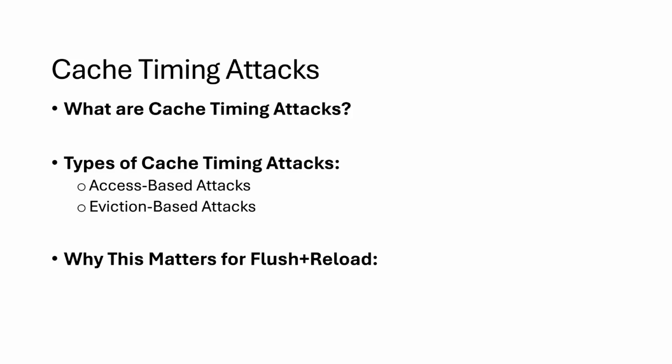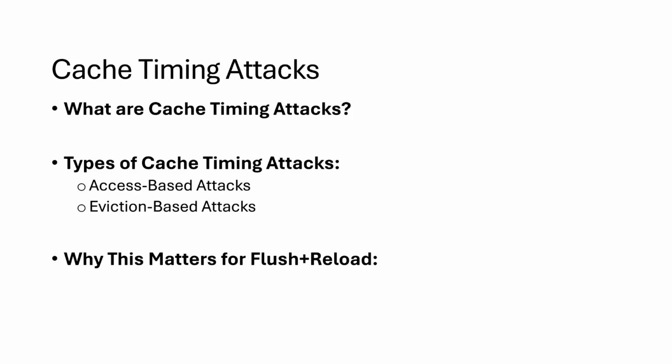Slower access means the data was evicted, so it wasn't used by the victim directly. Types of cache timing attacks are access-based attacks, which monitor memory access times directly, and eviction-based attacks, which force the victim's data out of the cache and analyze reload times.